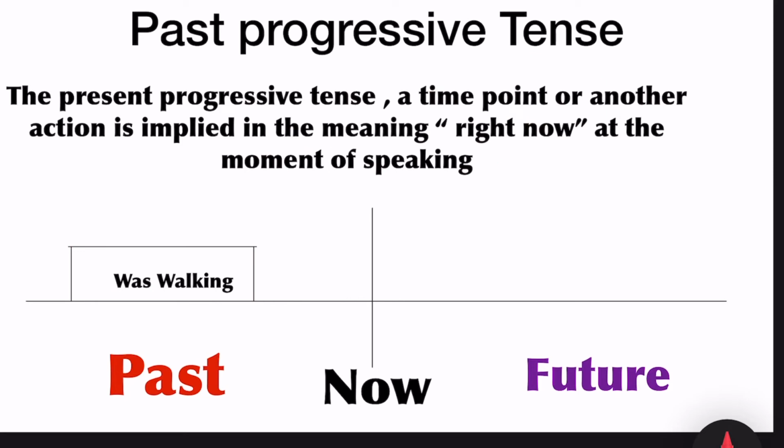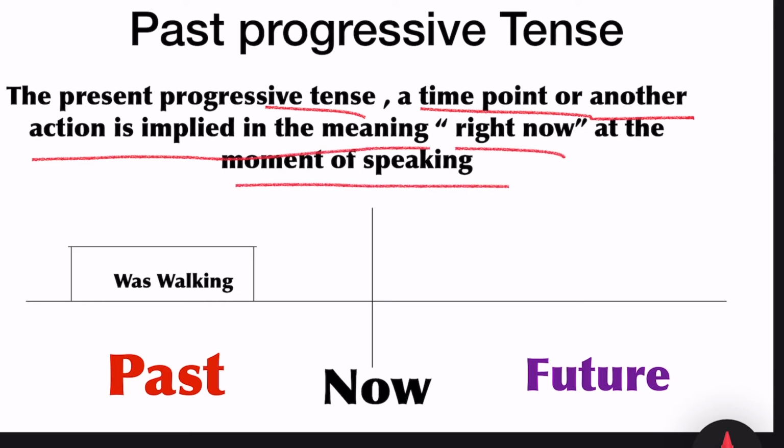In the present progressive tense, a time point or another action is implied in the meaning: right now, at the moment of speaking. The past progressive tense expresses an action that began in the past and continued for some time in the past. But present progressive, that is present continuous tense, expresses an action at the time of speaking, a continuous action right now.